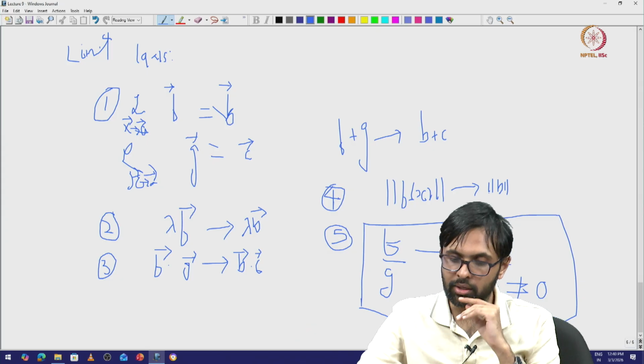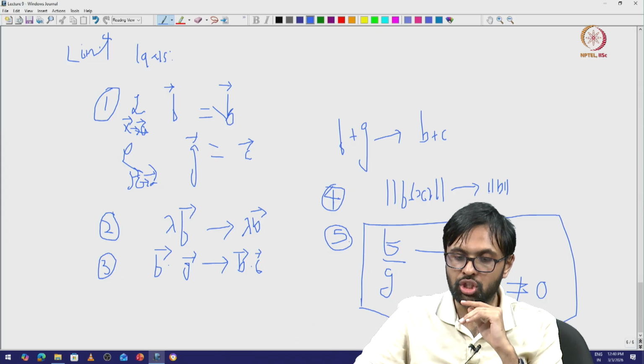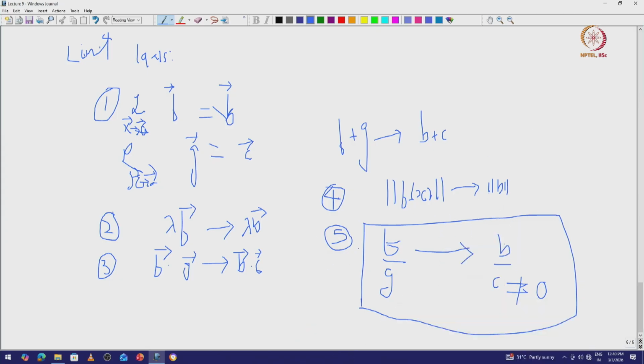So as a consequence, f divided by g need not be defined on all of S. Why? Because g can potentially be 0 on a large part of S. Regardless, the fact that the limit of g as x approaches a exists and equals a non-zero number would mean that in a neighborhood of a, g is not 0.